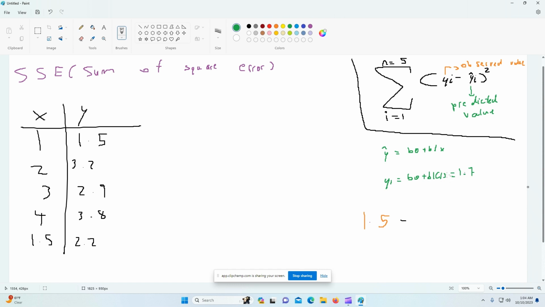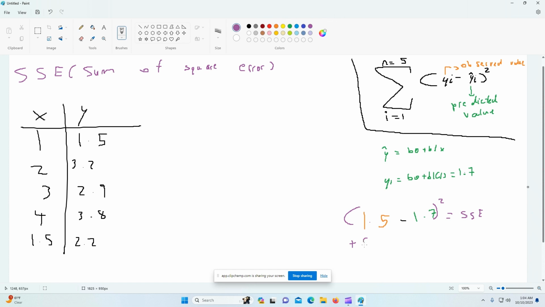We don't even have an equation right now, so just pretend this is an equation and it gives 1.7. We would do this, and this will equal our SSE for the first value. And then we would square that, and then we would add it 5 more times with the rest of the points in our data set.